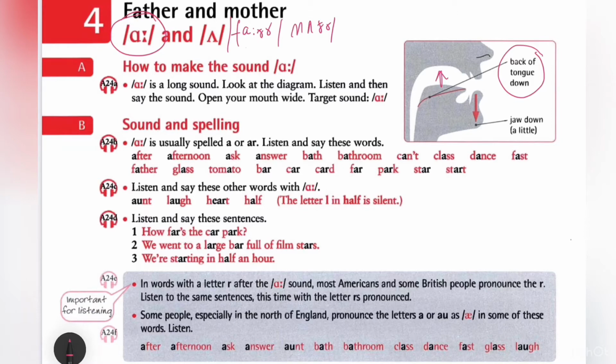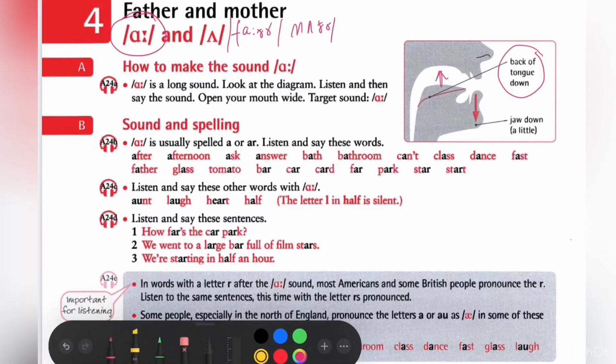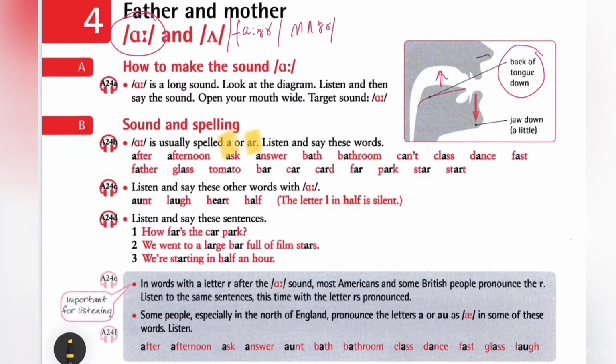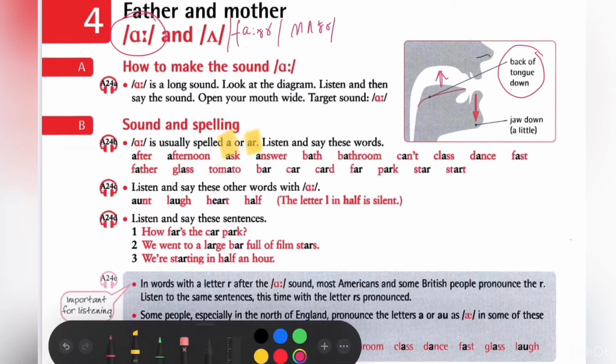As you can see here in this B part, A is usually spelled with A or with AR. So when you find any of those letters, you can think that you produce it with a long A, okay? So let's focus on the words that you have there and let's repeat them, right?